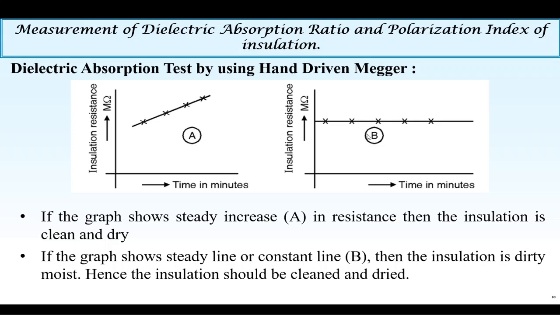If we have a graph as shown in B, that is a steady or constant line, it indicates that the insulation is dirty and moist. It means the insulation should be cleaned and dried, so cleaning of that insulation material is needed. This is the conclusion from this dielectric absorption test by using a hand-driven Megger.